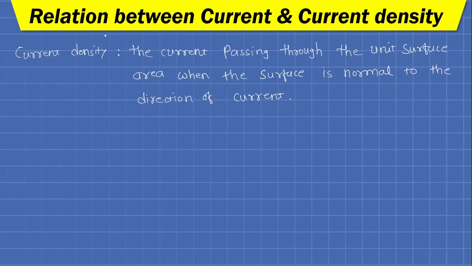So this is how we can define the current density. It is actually a vector quantity. Current density is denoted by capital J bar, and it is actually a vector quantity.